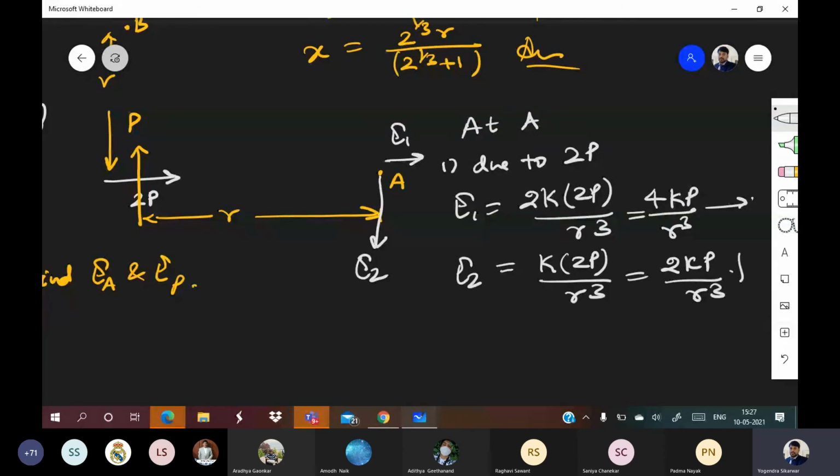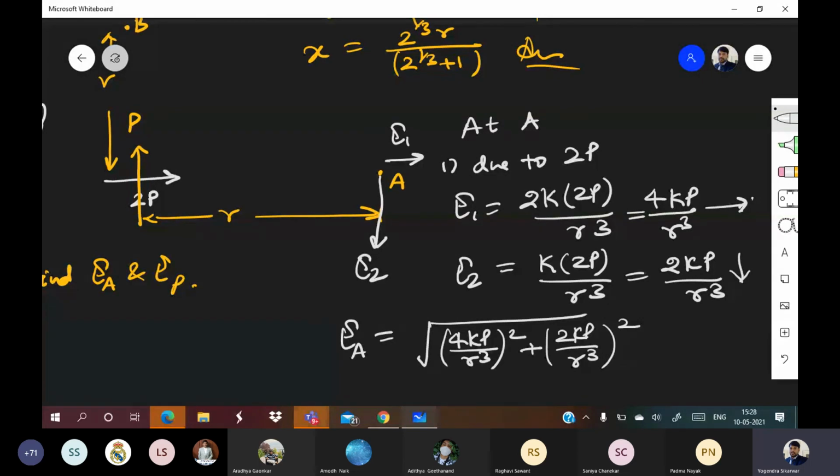If these two vectors are perpendicular, as you can see, E net, EA is equal to under the root of (4Kp upon R cube) whole square plus (2Kp upon R cube) whole square.